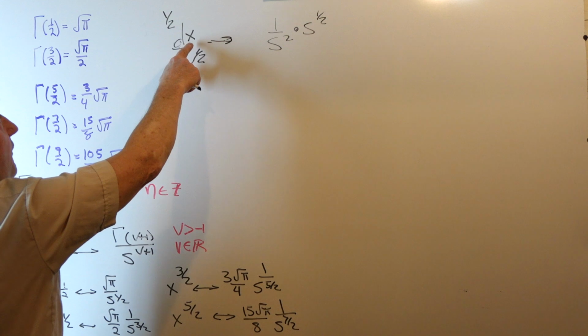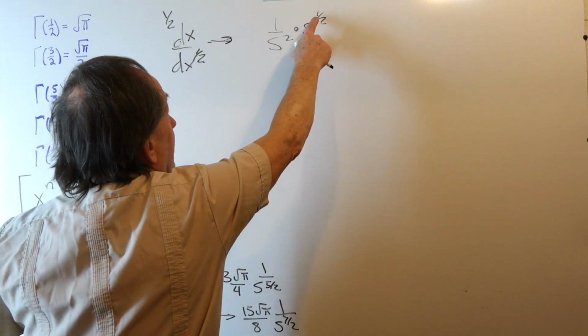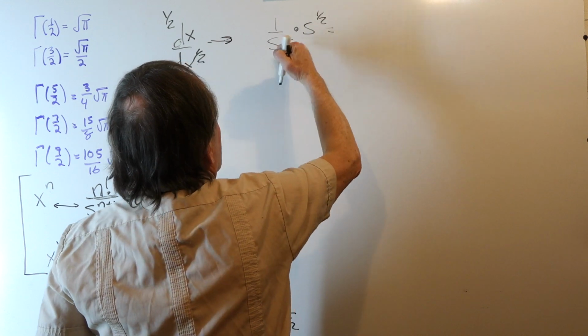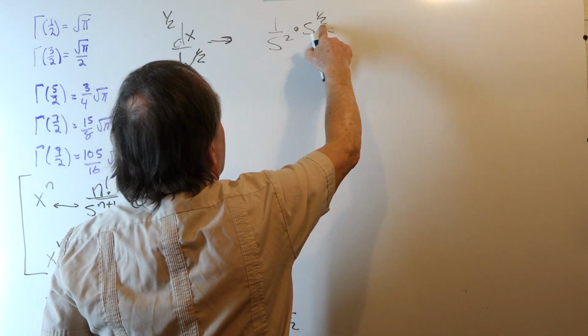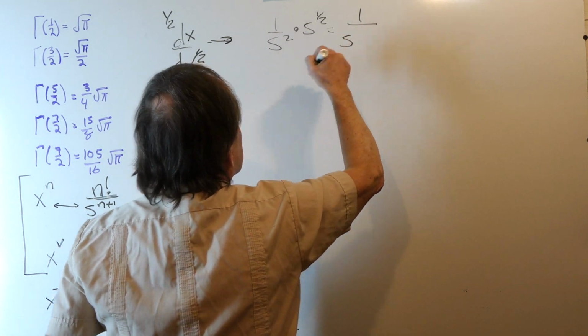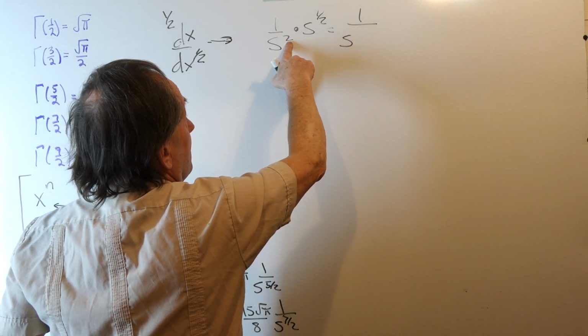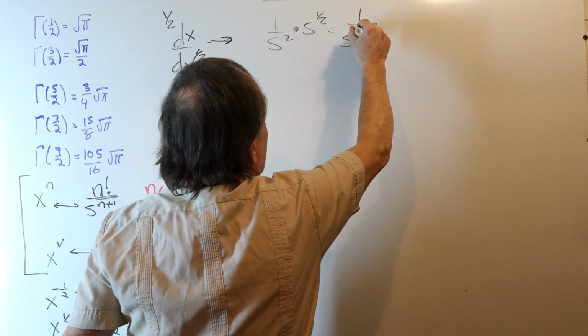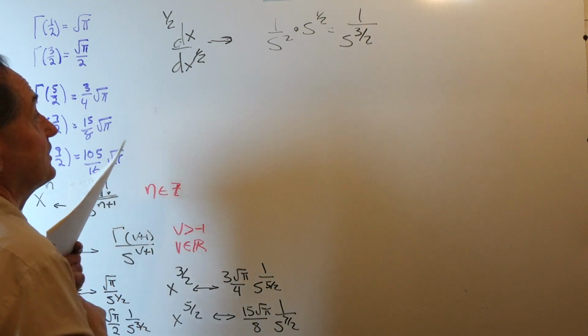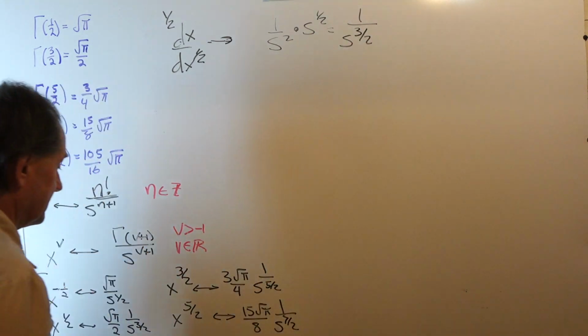If we were taking the first derivative, we'd multiply by s to the first. So this now becomes, with the power of exponents, 2 minus 1/2 in the denominator, this is s to the 4 halves minus 1/2, or s to the 3 halves. Well, that's the function value in the Laplace space.